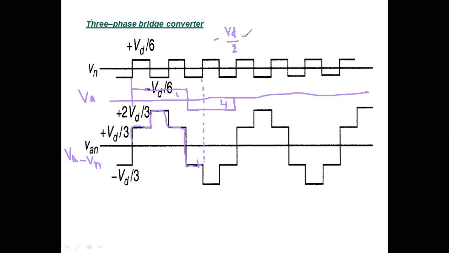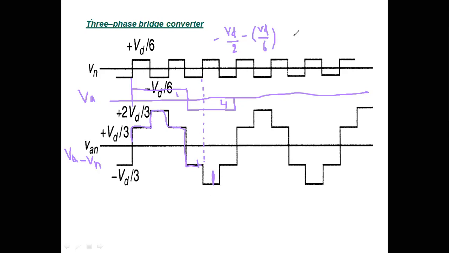You can see that in this one we calculate, you will get minus of Vd by 6 for this portion. I am calculating for this portion, so both are negative, it will be added up.